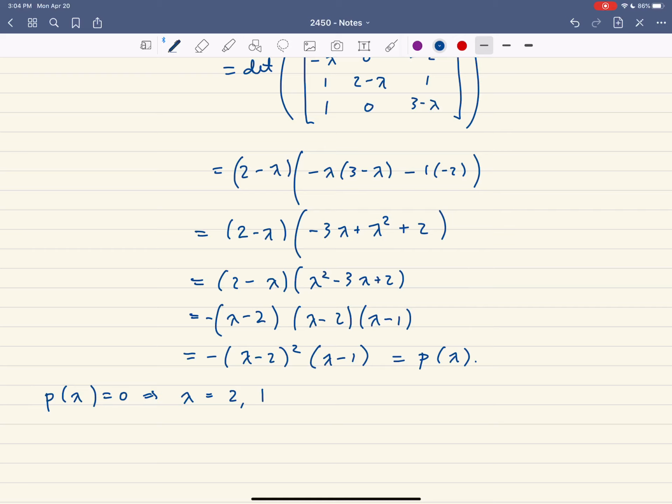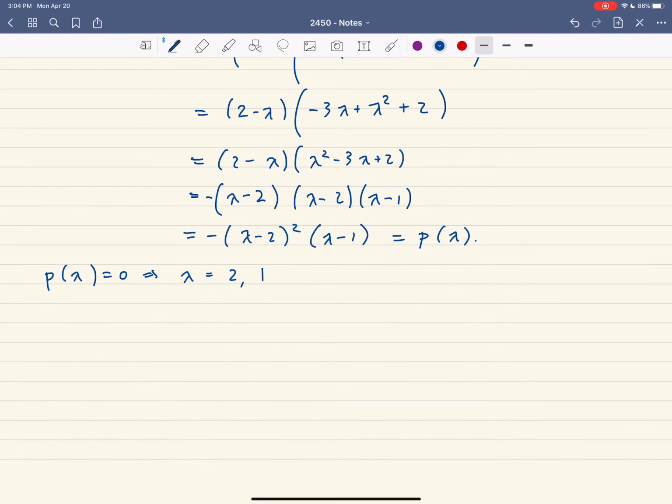What I want to do then is compute the eigenspace for each of these. So I want to compute the eigenspace E1. This is going to be the null space of A minus 1 times lambda, which is really the same as looking at A minus 1I.